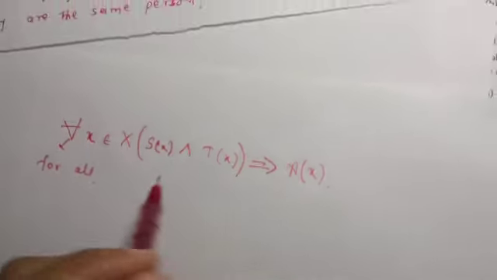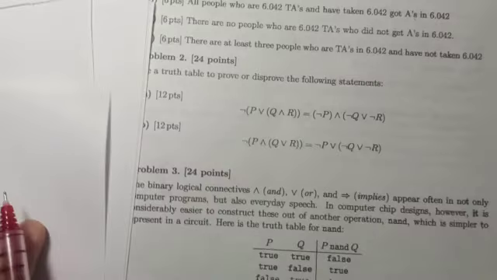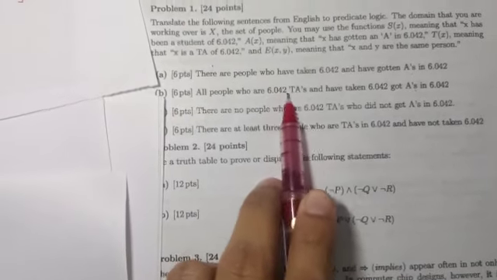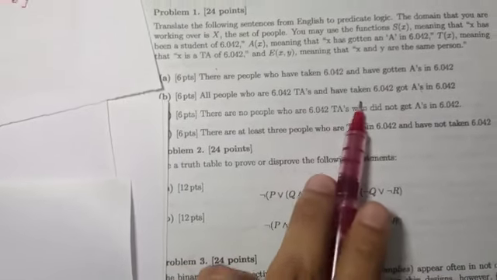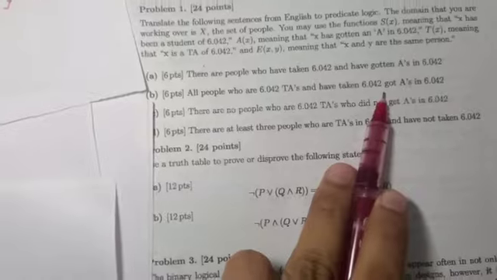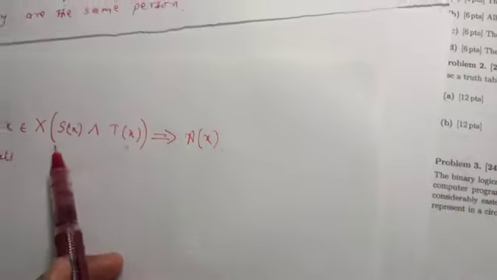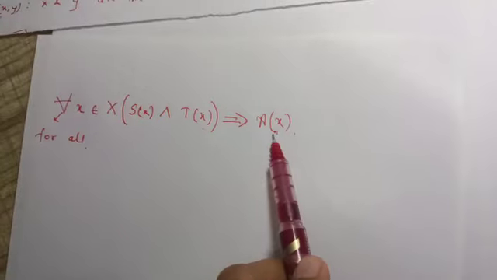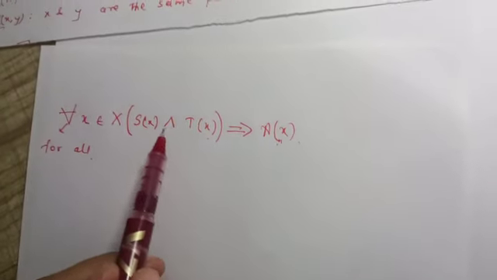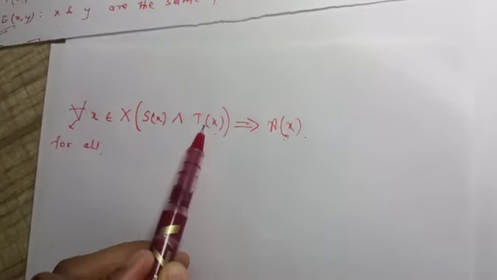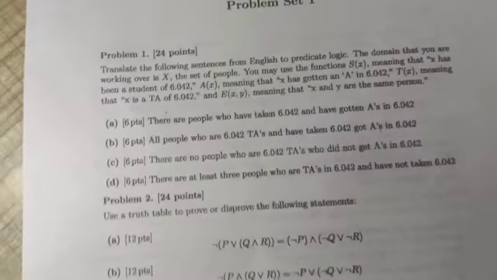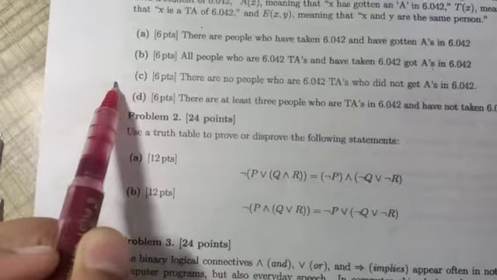That's why this statement, all people who are 6.042 TAs have taken the course and got an A in it. So if this is true, this must be true, right? This is implied for those people who have taken the course and those who are TAs, they must have had an A in their grade. Now let's talk about the third statement.